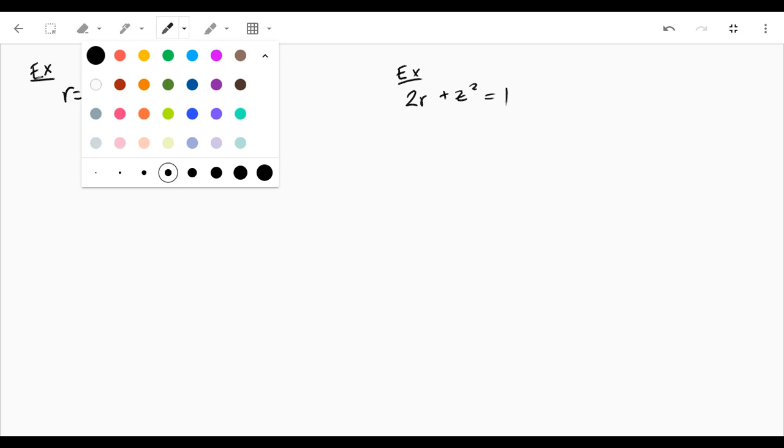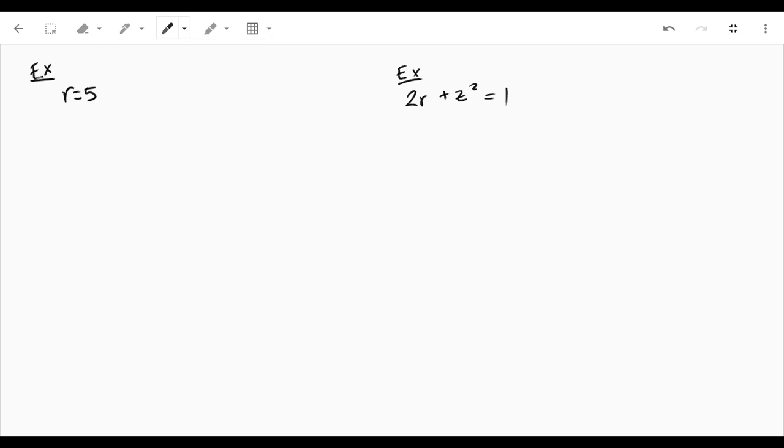So for r equals 5, that just means regardless of theta, regardless of z, we just have a radius of 5. Okay, so this one would be a cylinder. A circular cylinder, because remember in Calc 3 we talked about you have like parabolic cylinders, okay, with radius 5. And the axis is the z-axis.